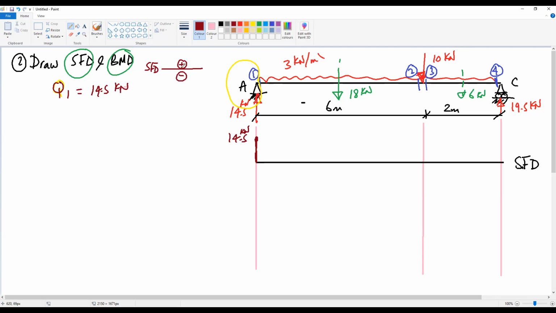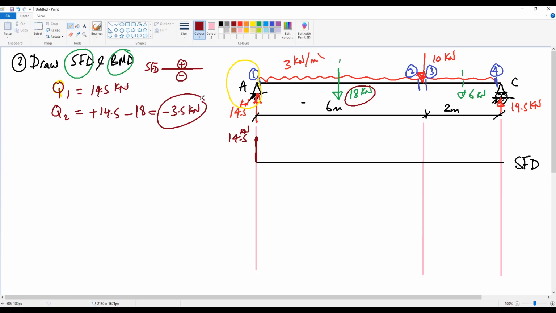So from 1 to 2, the shear at 2 will be the shear at 1, which is positive 14.5, minus the uniform load in this part, which is minus 18, because the load is going down. So this gives us minus 3.5 kilonewton. So the shear at 2 is negative 3.5 kilonewton.